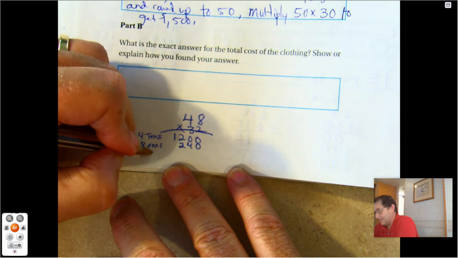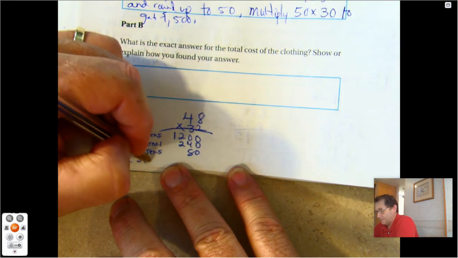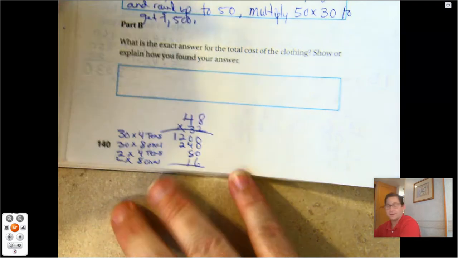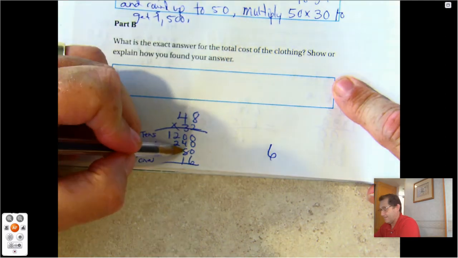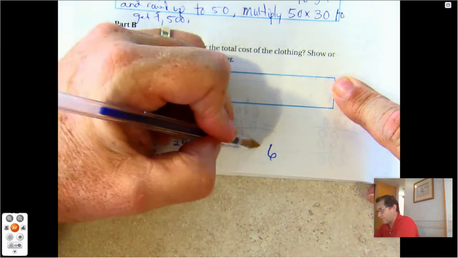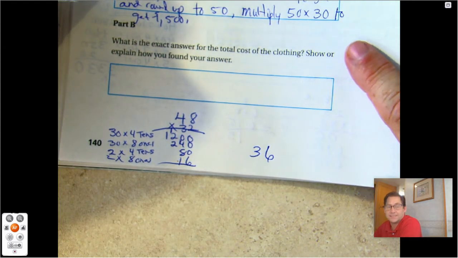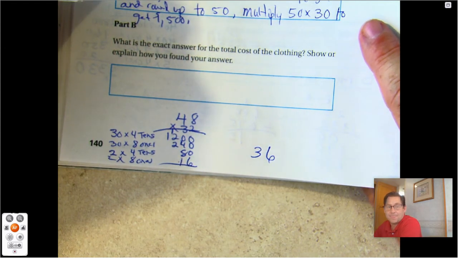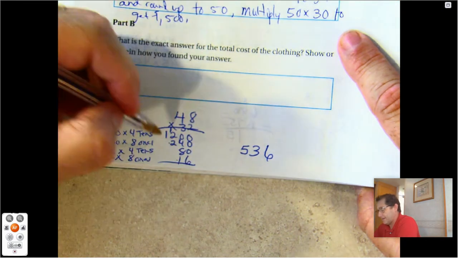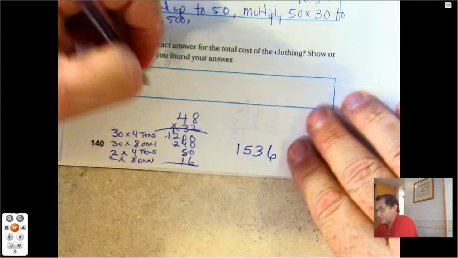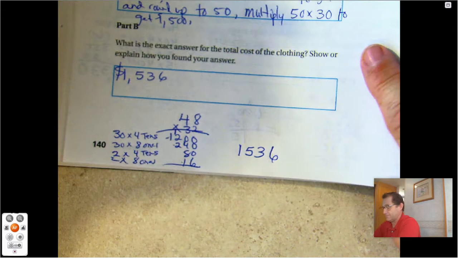And 2 times 8 ones is 16. So if we add those together, we get 6 plus nothing is 6. 8 and 4 is 12, plus 1 more is 13 tens. We're going to regroup 10 of those 13 tens is 100. 2 and 2 is 400, plus 1 more is 500. And then the 1,000. So the exact answer is $1,536.